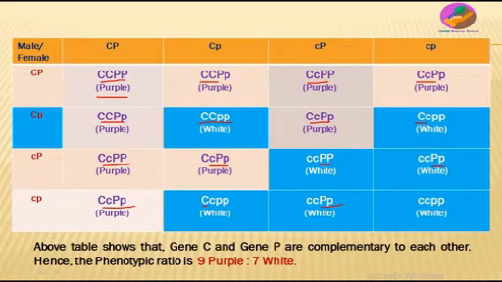So all these are different combinations of alleles, still they produce only one type of phenotype, that is the recessive phenotype, white colored flower. Though there are different types of combination, they will produce white colored flowers.